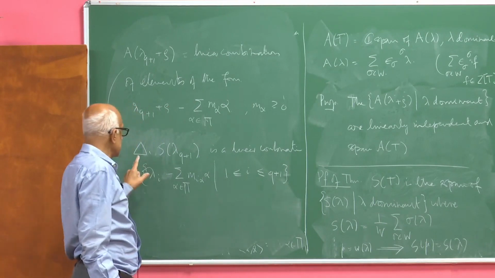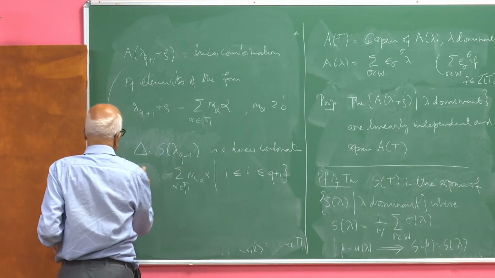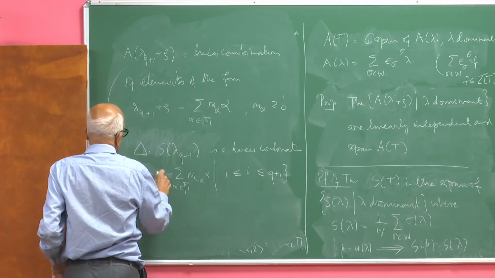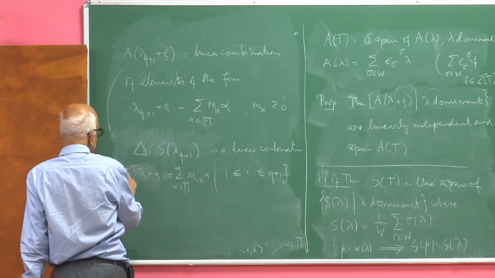Because what happens in lambda I plus rho minus this kind, it's a linear combination of elements of the form.